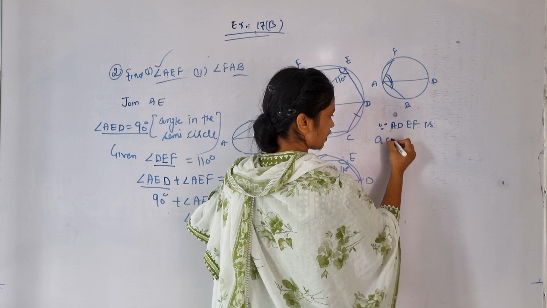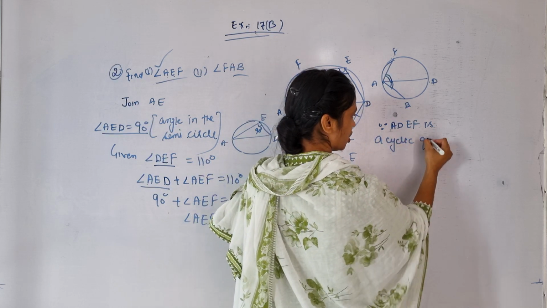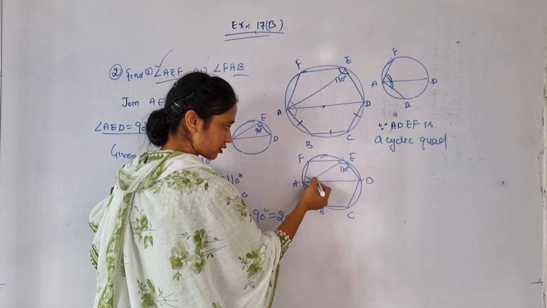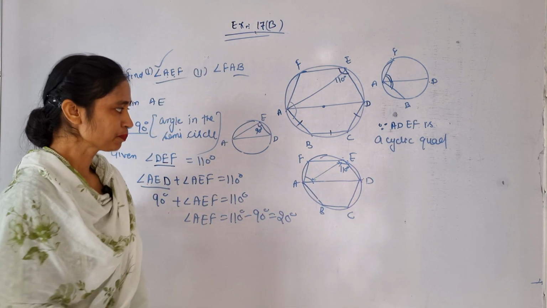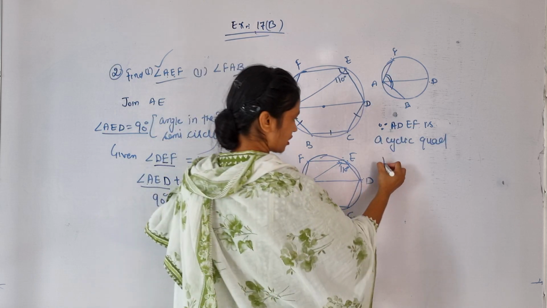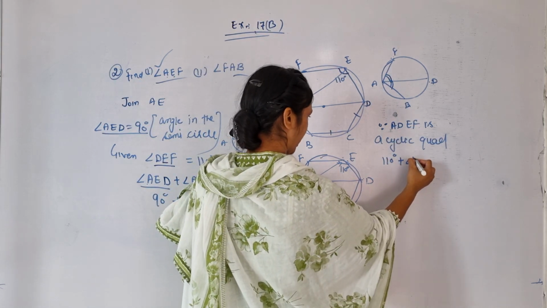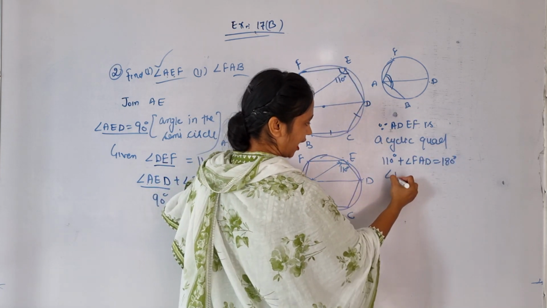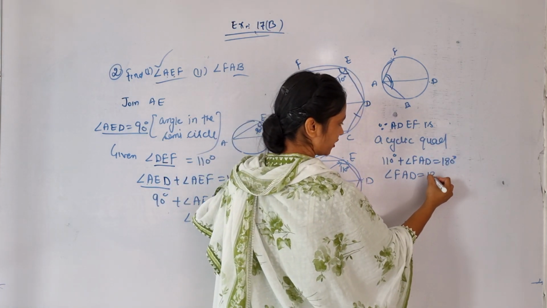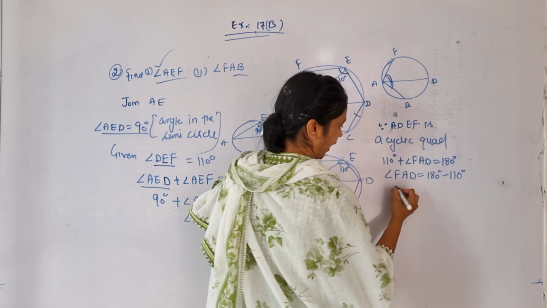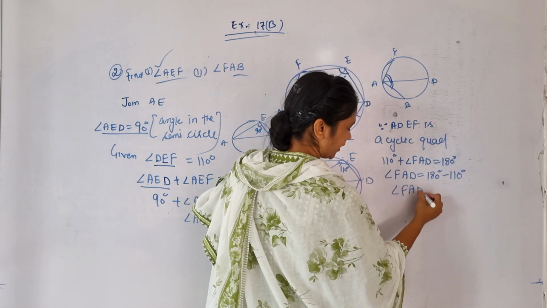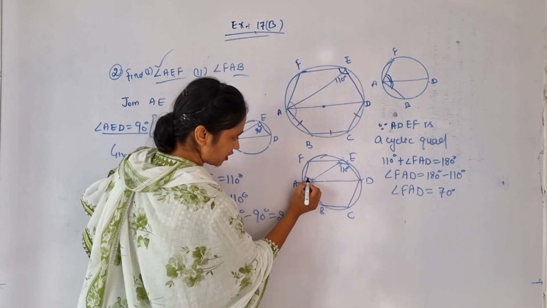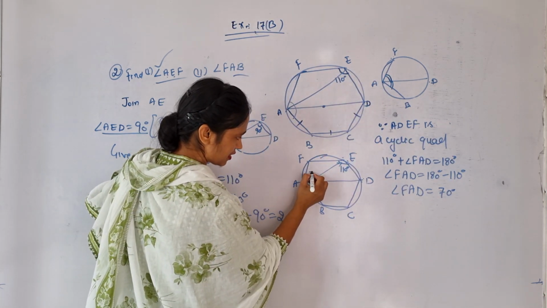In a cyclic quadrilateral, opposite angles are supplementary, which means 110 degrees plus angle FAD will be equal to 180 degrees. So FAD is equal to 180 degrees minus 110, FAD is equal to 70 degrees. This much angle we have calculated, this is 70 degrees.